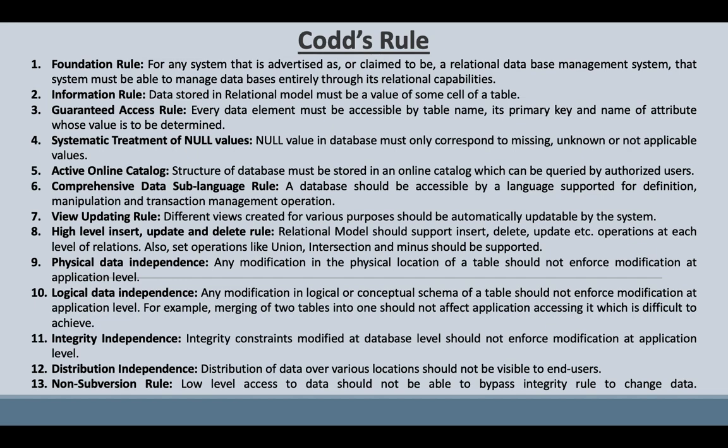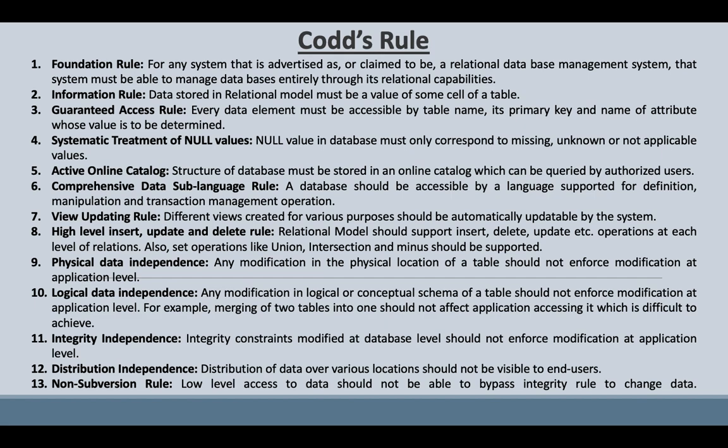Next is the information rule. Data stored in relational model must be a value of some cell of a table. Obviously means what data you are storing must be a value, like ID.